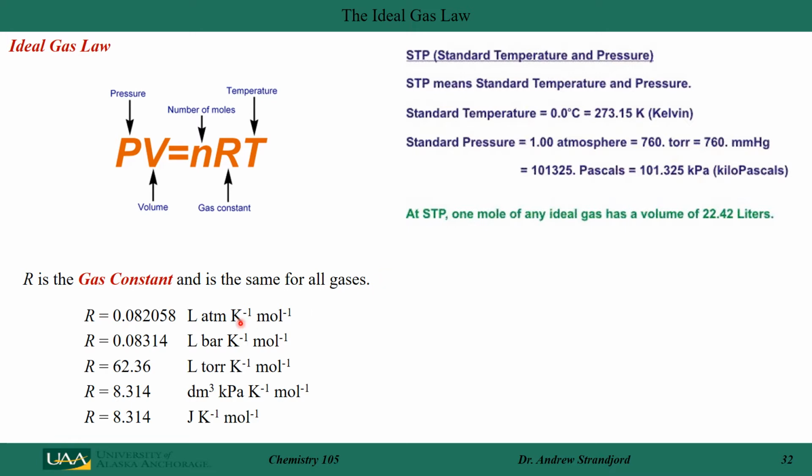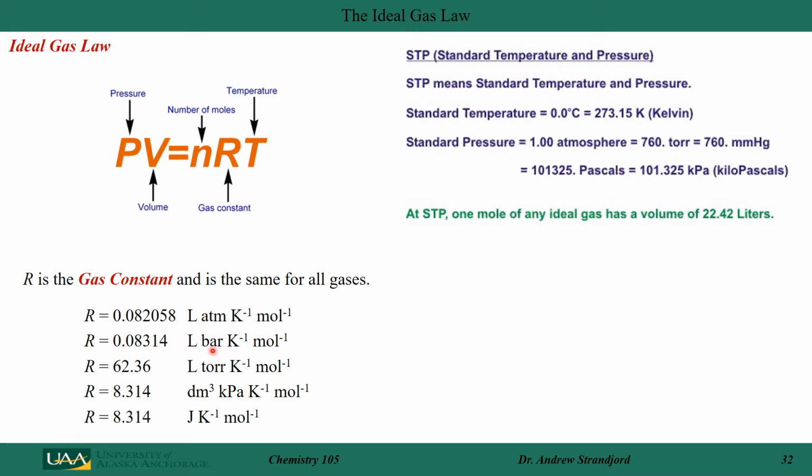However, it does depend on what units we use. So if we're measuring volume in liters and we use atmospheres for pressure, our gas constant is 0.082058 liter atmospheres per K, the temperature, per mole, the amount. And that is the most common being used today.